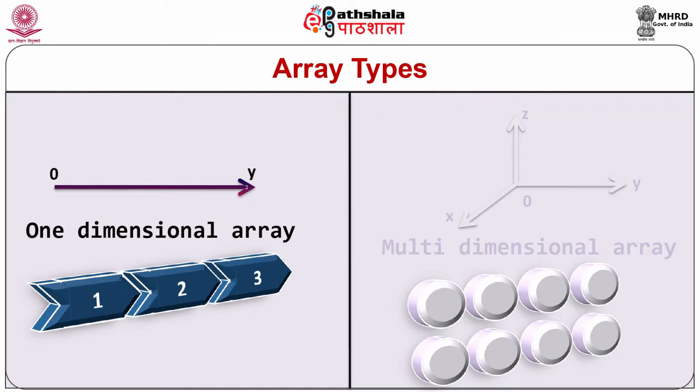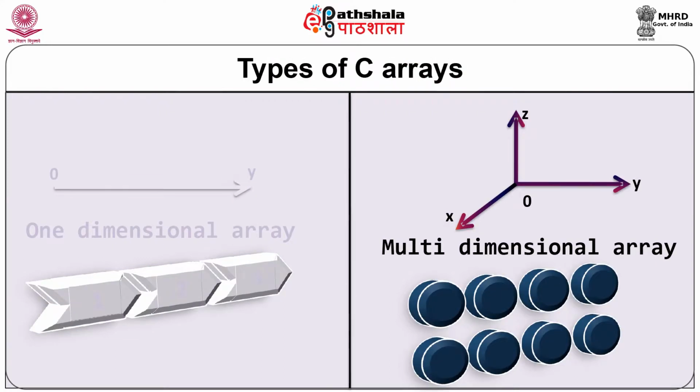In this single dimensional array, you can see elements are stored in a row. Therefore, we consider 0 to y for one dimensional array. Whereas in multi-dimensional array, the elements are entered or stored in terms of rows and columns. In this picture, you can see 3 dimensions are shown like x, y and z.